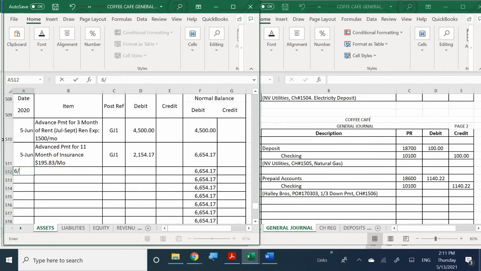Okay. 666-6. Once again, this is going to be advance payment for coffee brewer / grinder, right?